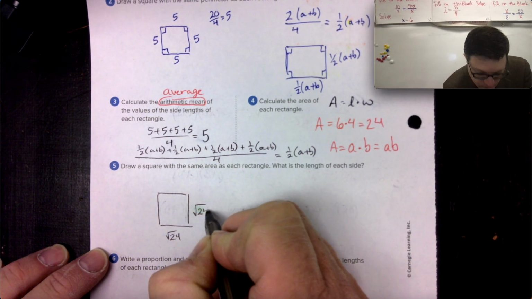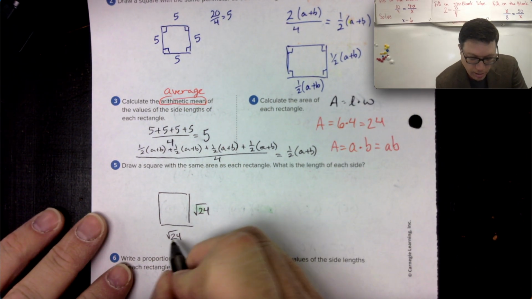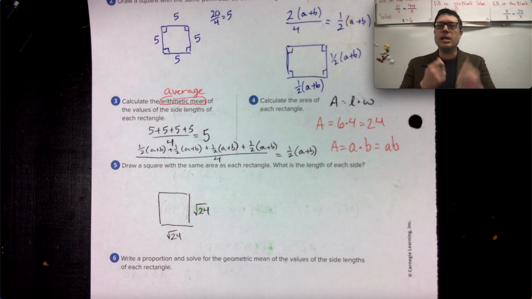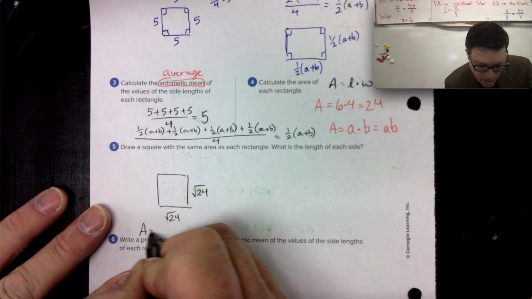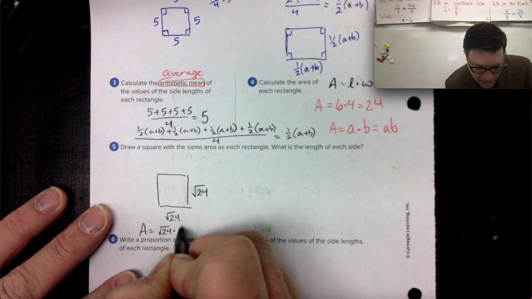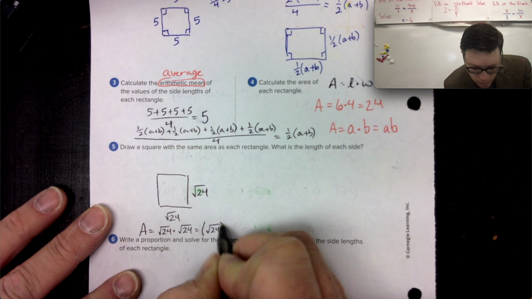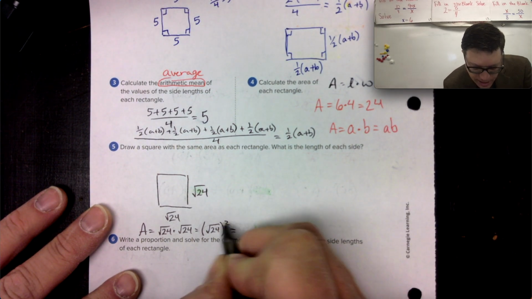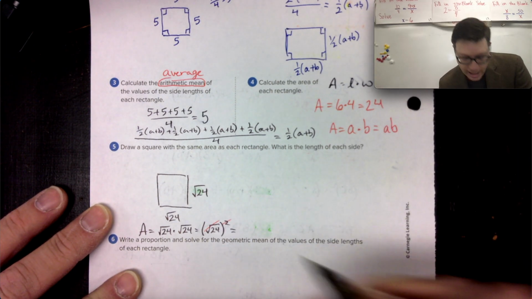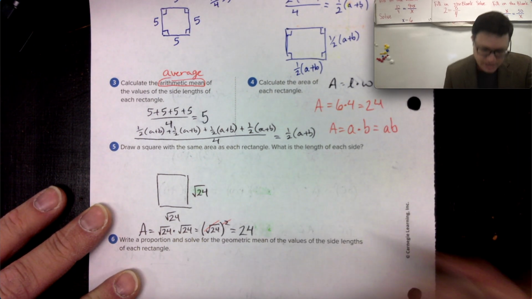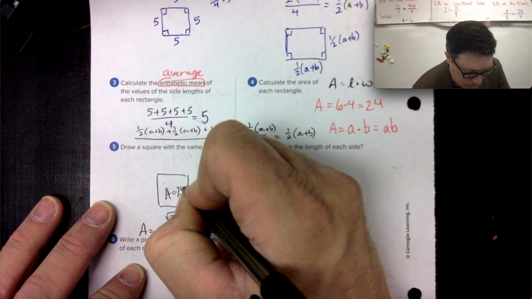Because square root 24 times square root 24 actually ends up canceling the square roots, and we have 24 left over. I mean, like this. Area would be root 24 times root 24, which is root 24 squared, which then translates to the square and the square root canceling out. They're opposite operations, and we get 24 left for an answer. The area here is also 24.